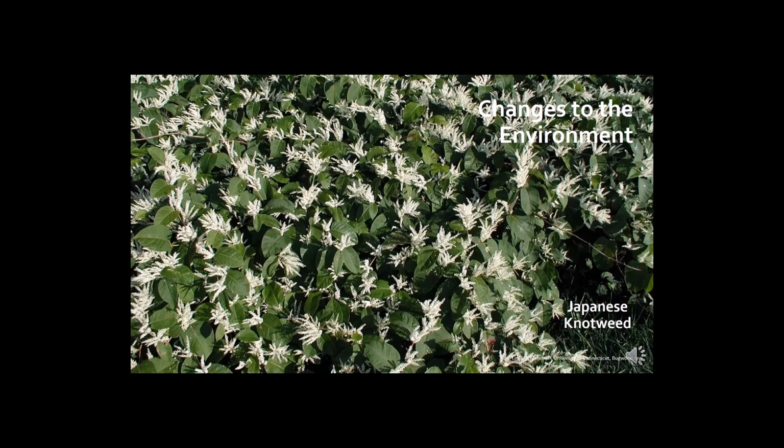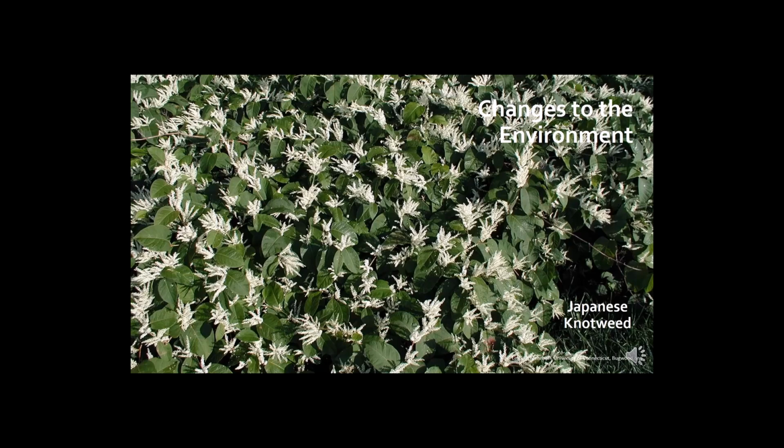Other invasive plants, in addition to crowding out native species, can cause cascading changes to the environment. And here we'll talk about Japanese knotweed. Knotweed is a particularly pernicious plant, and it actually creates a lot of problems for infrastructure, including concrete foundations, asphalt paving, and the like. But one of the more important environmental impacts that Japanese knotweed has is its tendency to create soil erosion problems.